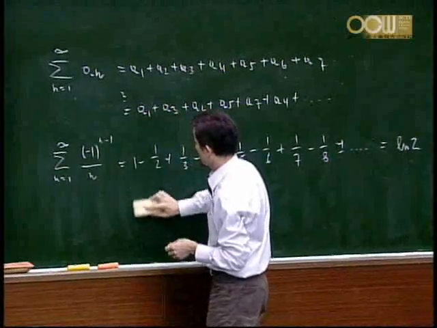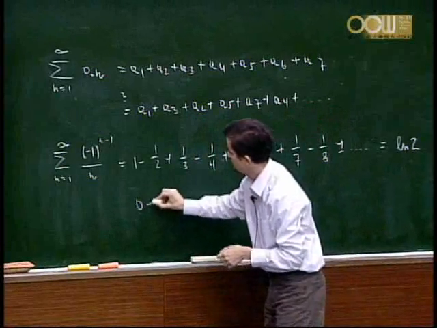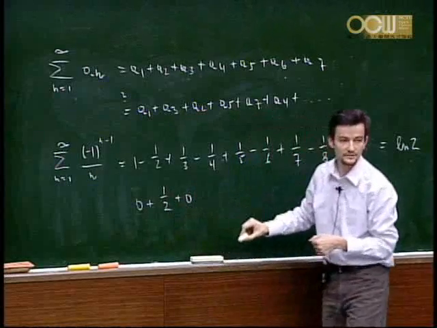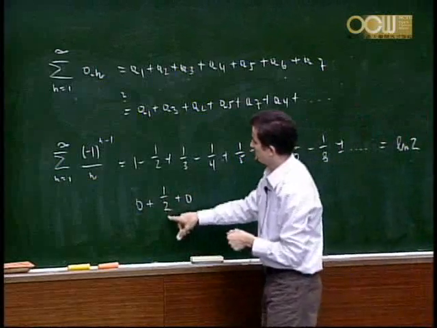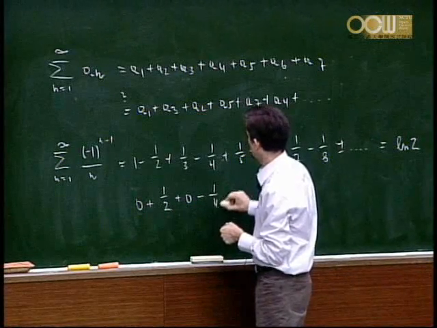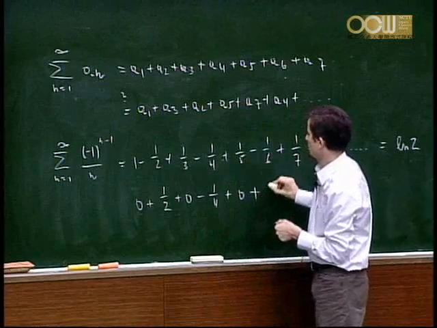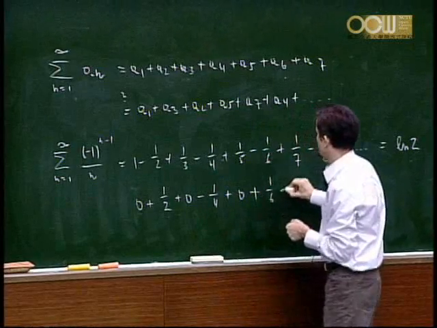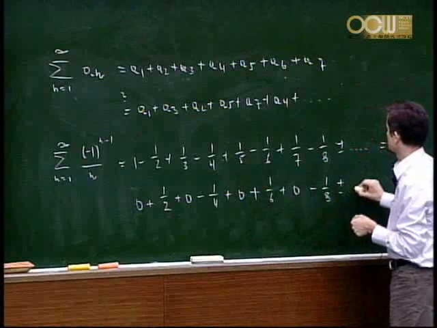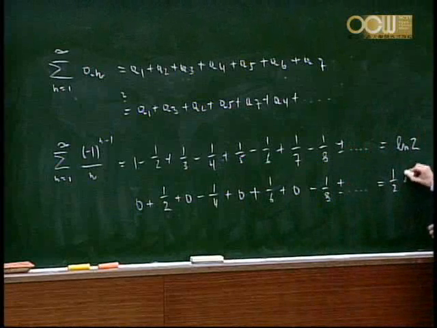So maybe I write it a little bit differently. I write 0 plus the first term 1/2 plus 0, always adding the 0 in between. Then the next one is minus 1/4 plus 0, then plus 1/6 plus 0, then minus 1/8, plus minus. So this will be 1/2 ln 2.